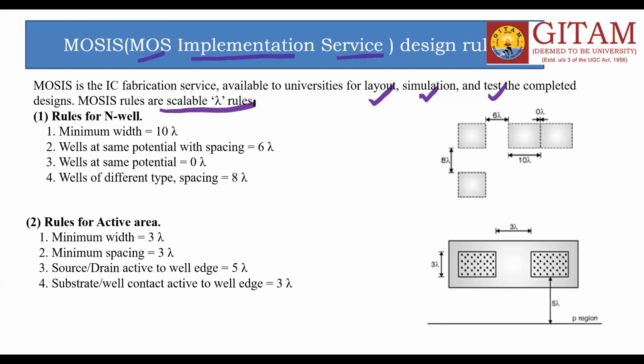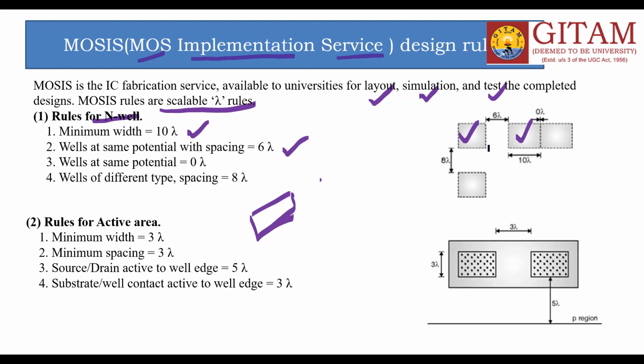See the rules for the N-well. The N-well minimum width is 10 lambda. For wells at the same potential, this is one well, and this is one more well. The minimum width is 10 lambda.